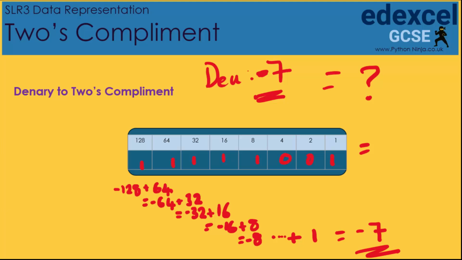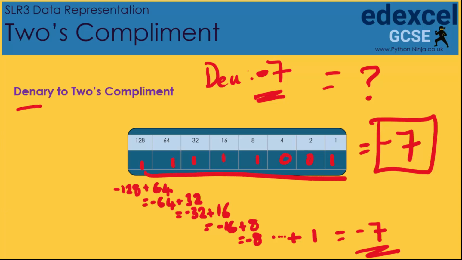So that reassures us that this signed integer binary number is indeed equivalent to denary minus 7. We've converted from denary to binary using 2's complement. Right, let's do some questions.